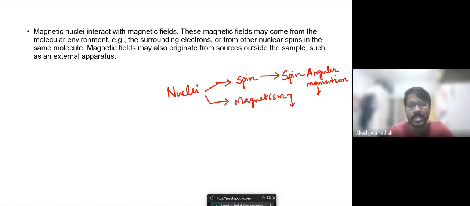These two things we will discuss in the upcoming slides. Because of this magnetic property of the nuclei, it can interact with magnetic fields, and these magnetic fields may come from the molecular environment, for example, the surrounding electrons or other nuclear spins in the same molecule. Magnetic fields may also originate from sources outside the sample, such as the external apparatus. So we will discuss these things in detail.